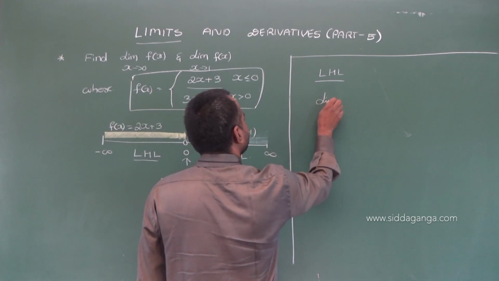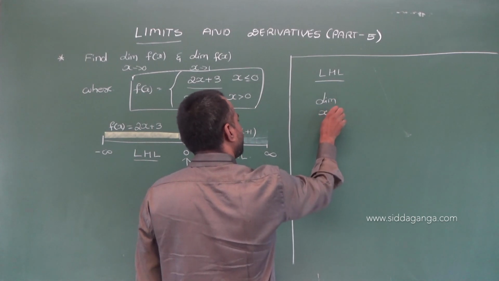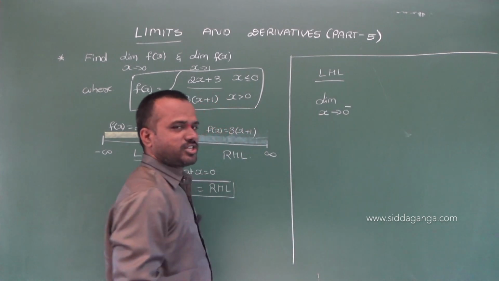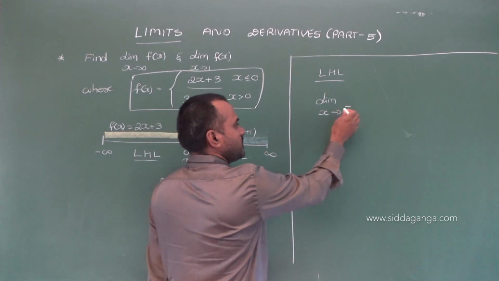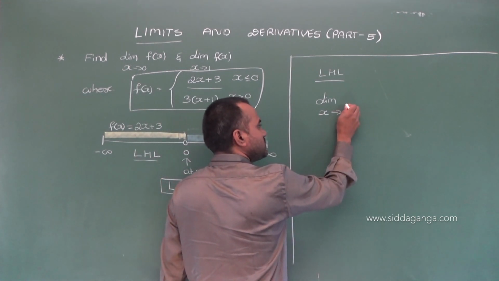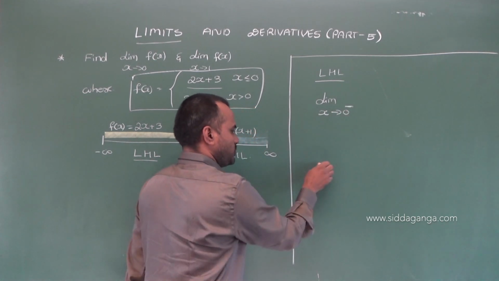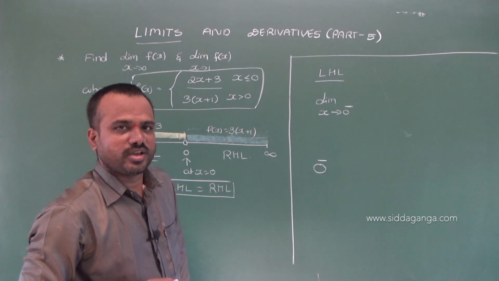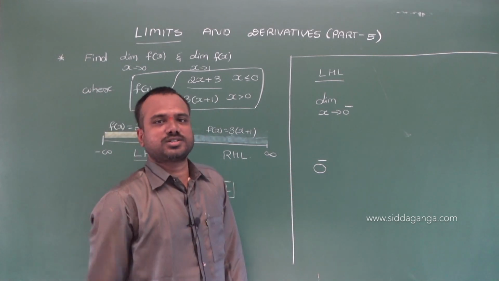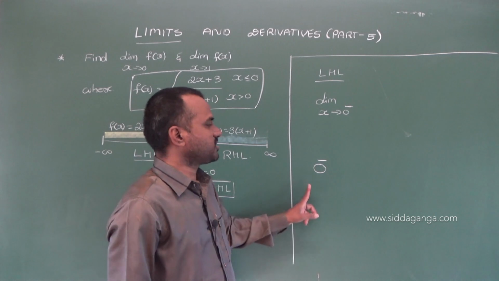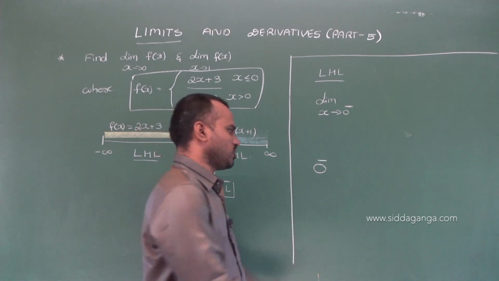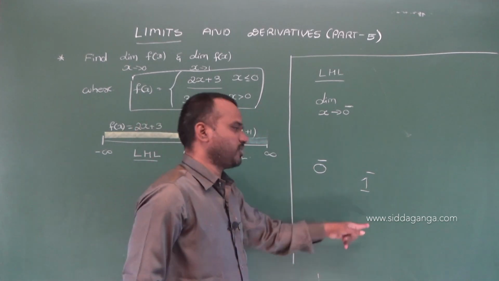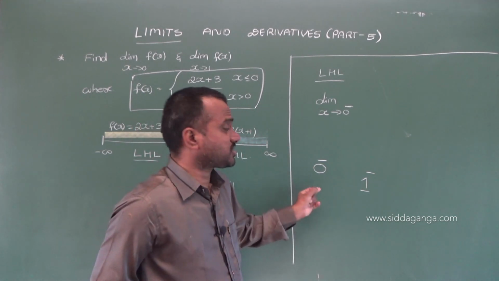First one is the left hand limit. Limit x tends to 0, and in the upper place, if I write minus, this is the notation, 0 minus. If I write a minus as a prefix, this indicates we are not substituting minus 0. Minus 0 is 0. Suppose it is 1, we are not substituting minus 1, we are substituting 1 only. But this is the symbol.